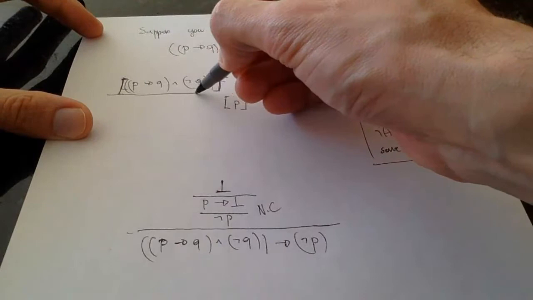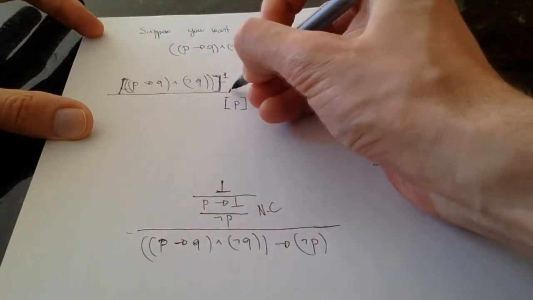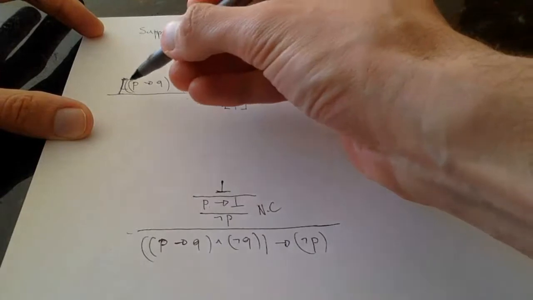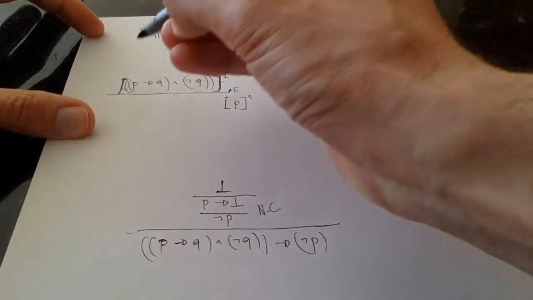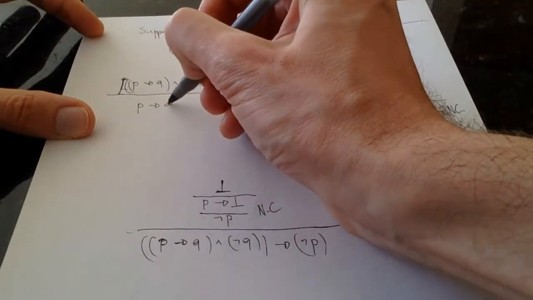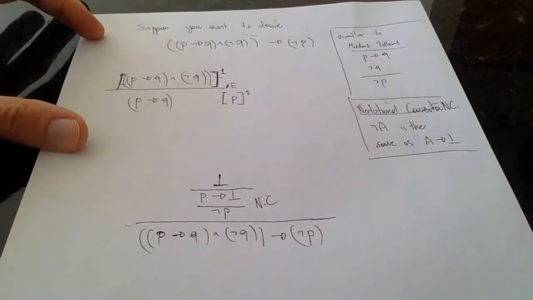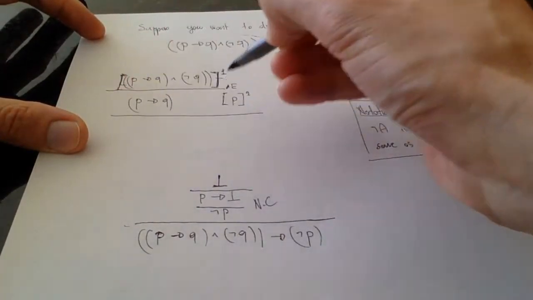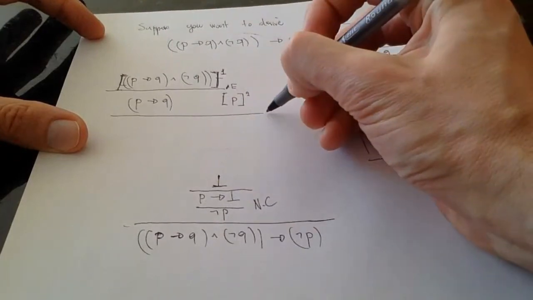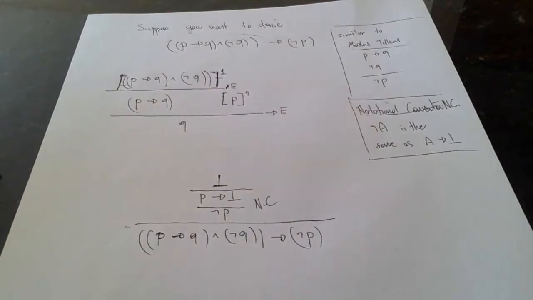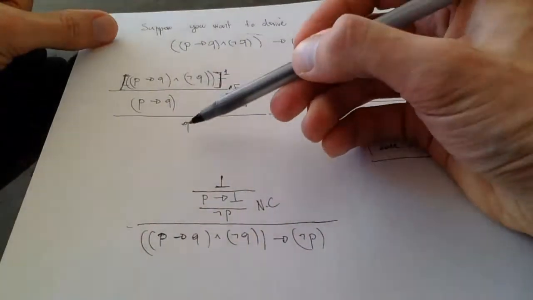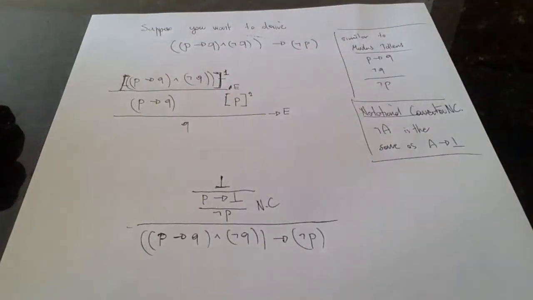So from my assumption number 1, I can apply the rule of conjunction elimination, and out of the two, P implies Q and not Q, I can get P implies Q. Now, if I have P implies Q together with P, through implication elimination, I can get Q. All right, now something is happening. I have Q.